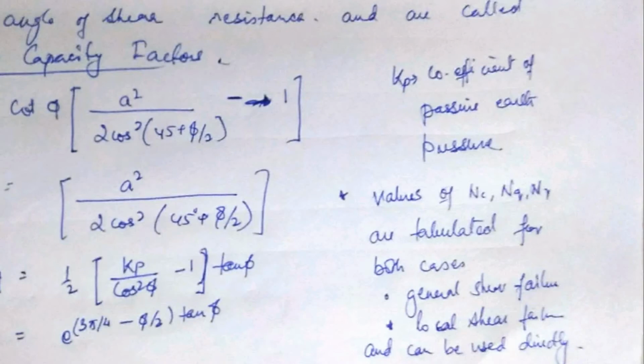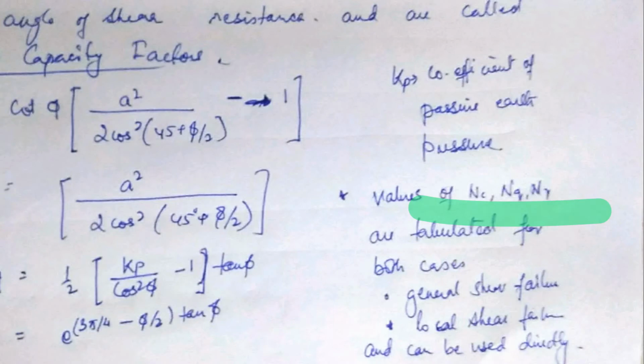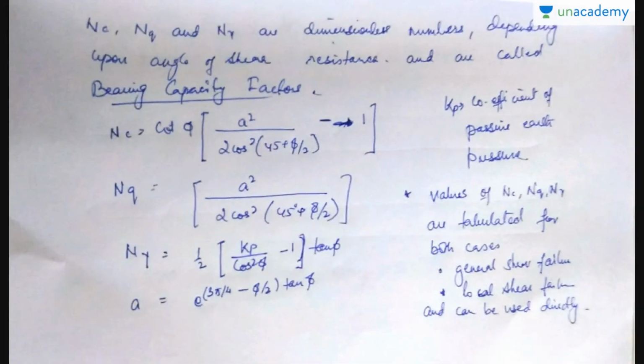And this has been done for convenience because the values of NC, NQ and N gamma are tabulated, for the case of general shear failure and for the case of local shear failure, and can be used directly from that table. So for our convenience and to make our calculation easy, these terms NC, NQ, N gamma have been introduced, which are nothing but bearing capacity factors.